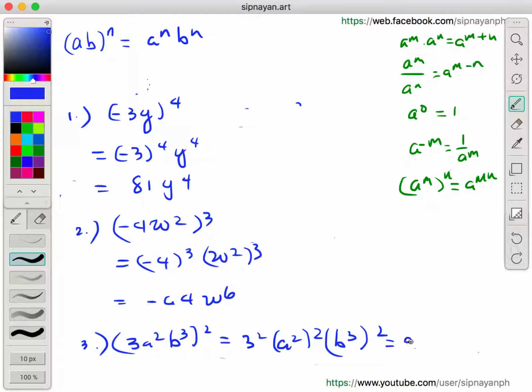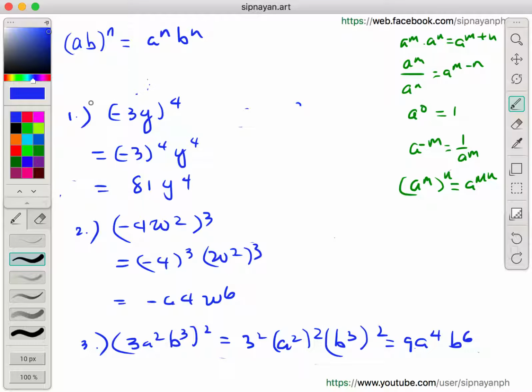That's 9, diba? 3 times 3. And then this is a to the 4th by this law, multiply, and then this is also b to the 6th. Okay, so dinidistribute lang natin yung exponents. Minimultiply natin siya actually pag more than one variable.